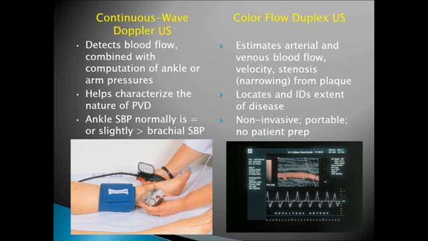It happens in all of the blood vessels throughout the body. The color flow duplex ultrasound is helpful in identifying the location of the disease and evaluating how extensive the disease is. It's also non-invasive and there's no patient prep. So it's a pretty easy test to do.